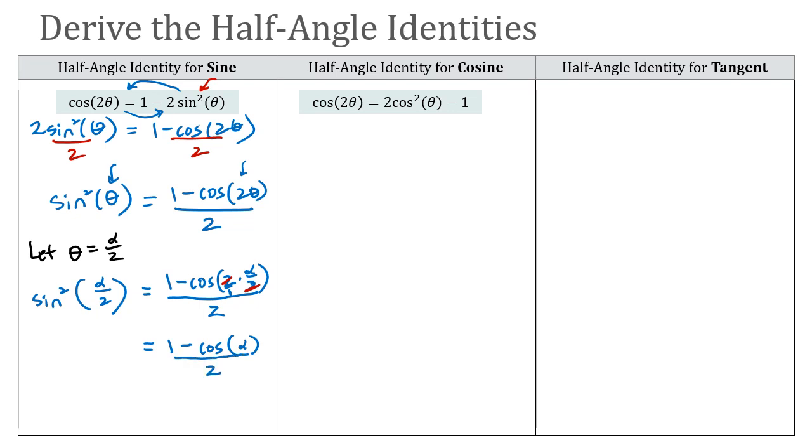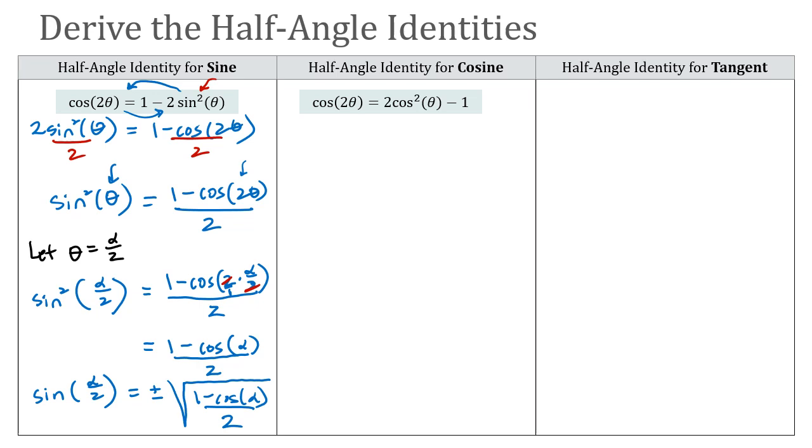Now that's what sine squared of the half angle equals. I want to know what the sine of the half angle equals. So what am I going to do? I'm going to square root each side, and I'm going to be left with plus or minus the square root of the whole thing, 1 minus cosine of alpha all over 2. And that is the half angle identity for sine.